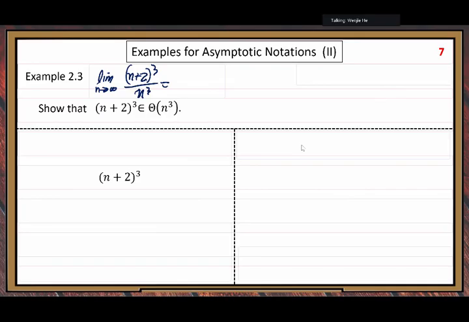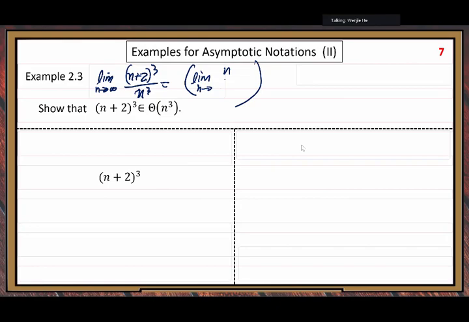Some students may want to expand the polynomial at the numerator, so that you need to do a lot of calculation. Here you can use the limit property because you can take the limit inside the parentheses.